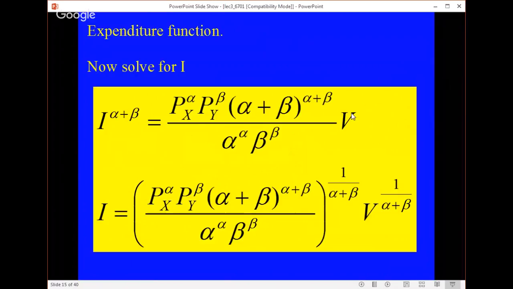And then, of course, all I have to do is take the root of that exponent to the other side. So I get all of this ugly stuff right here to the 1 over alpha plus beta power times V to the 1 over alpha plus beta power. That is my expenditure.